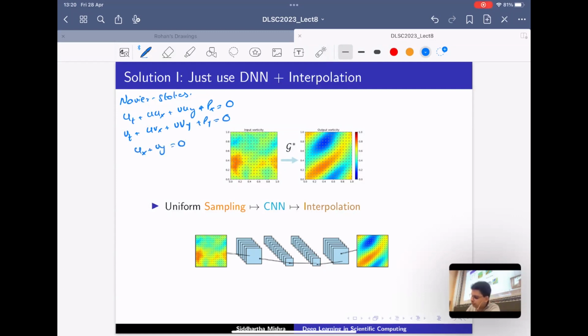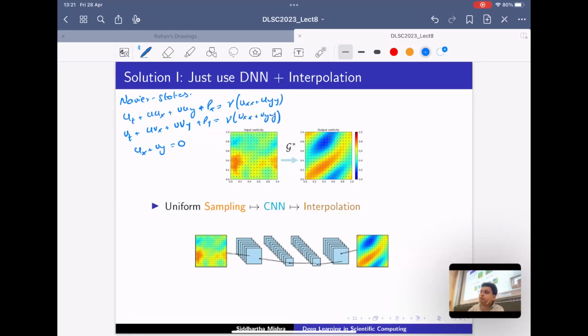Oh, this is Navier-Stokes, sorry, so it can't be 0 on the right hand side. So I remove the 0 and add nu times (uxx plus uyy), and nu times (vxx plus vyy).